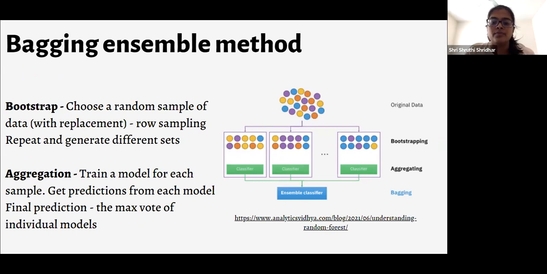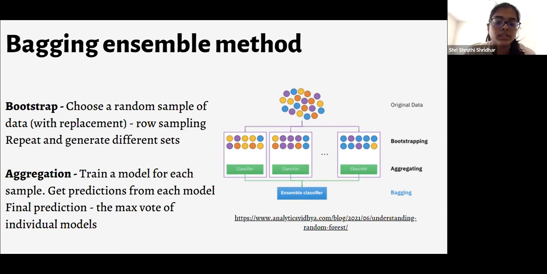So we generate different sample sets. For example, if we have data with the numbers 1 to 6, one random sample might have one, three, two twos, and two fours in it. So we can have the same data points again.